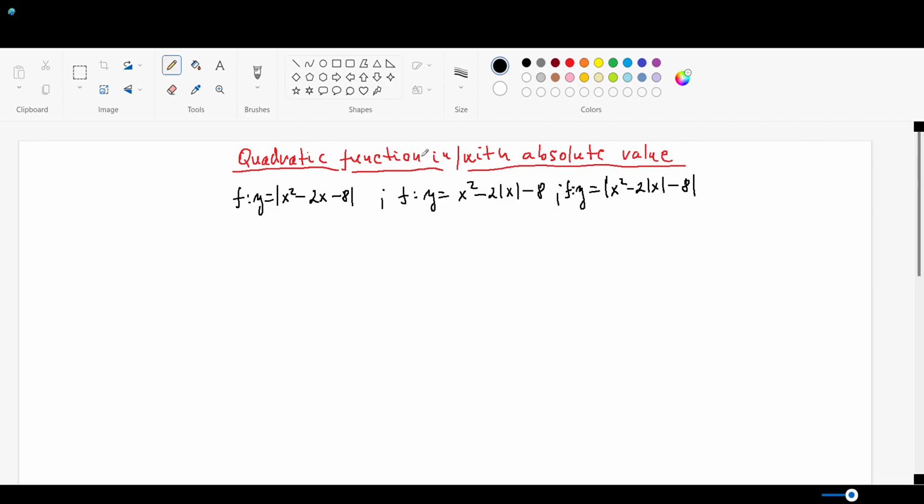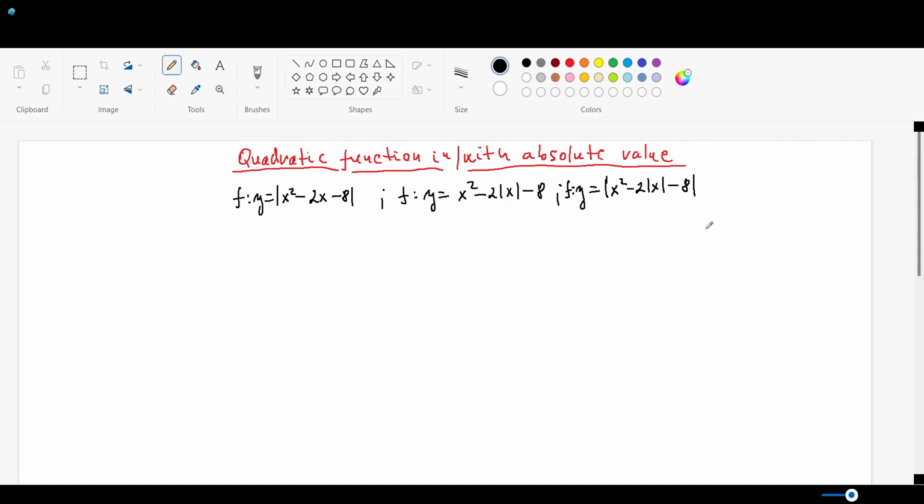I'm gonna show you and explain how you can sketch these three functions by using two types of techniques. The first technique will be by using the translation of the graph of the quadratic function, and then the algebraic explanation of the absolute value.